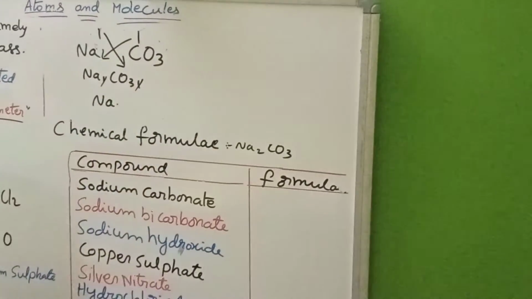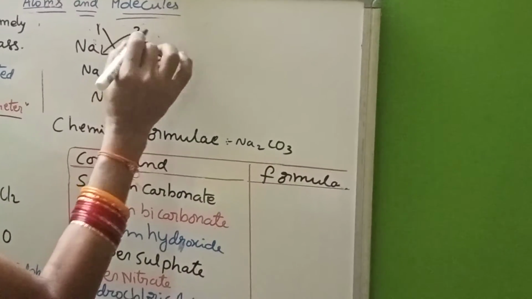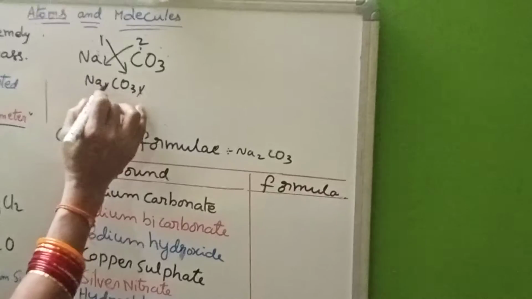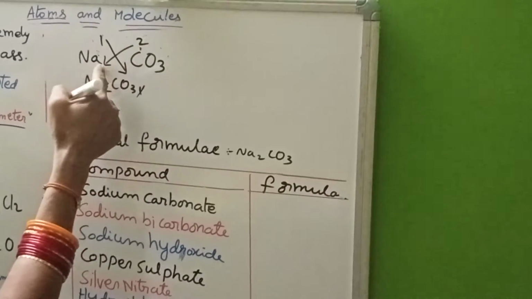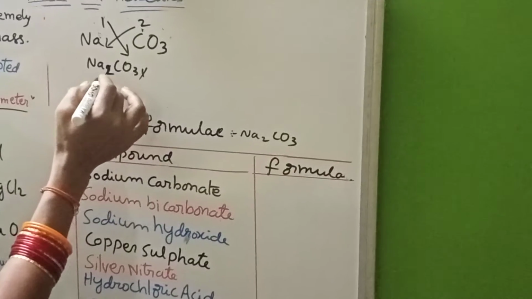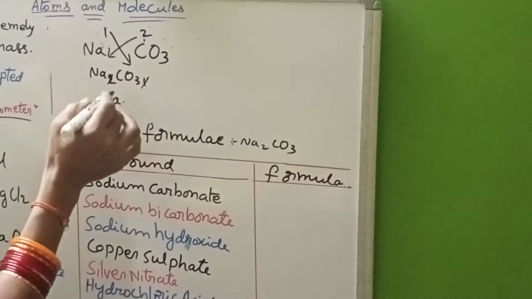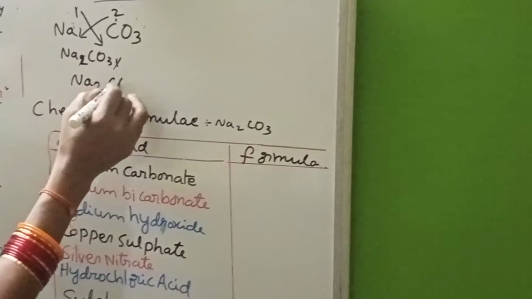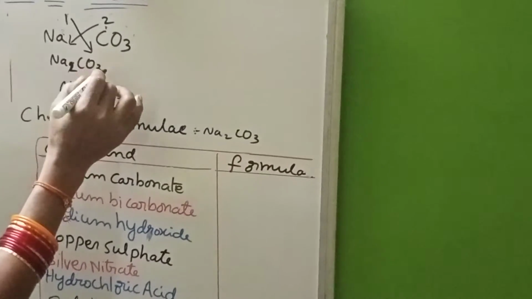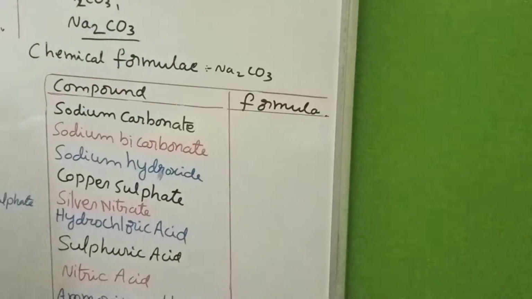Carbonate valency is 2, and if you bring the 2 as a subscript towards sodium, you get Na2CO3. So Na2CO3 is the formula for sodium carbonate.